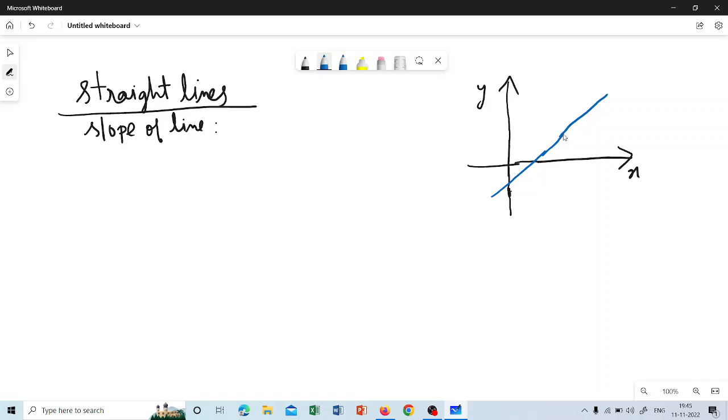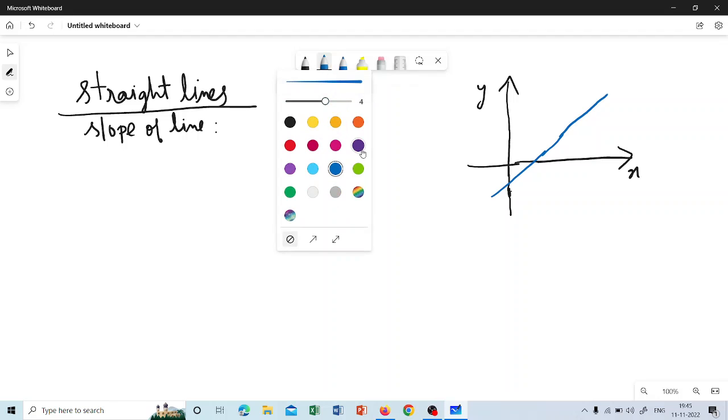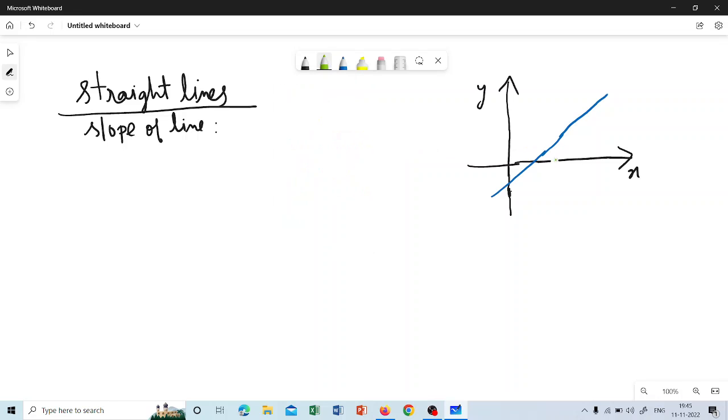So this is a straight line, and if I want to measure the angle, how am I going to do it? There are two ways to measure the angle.